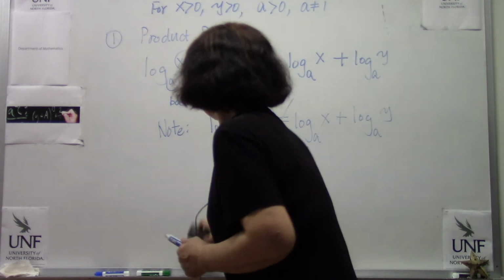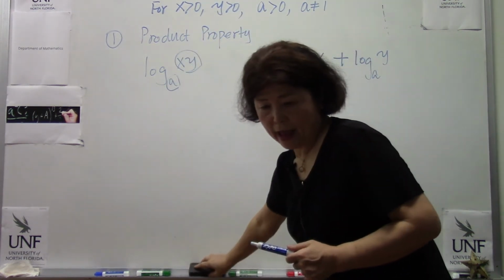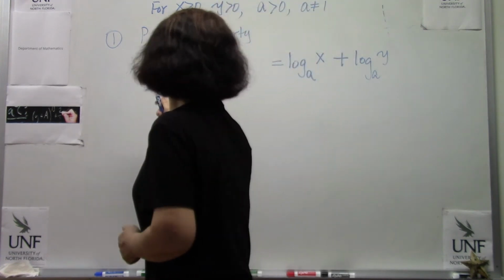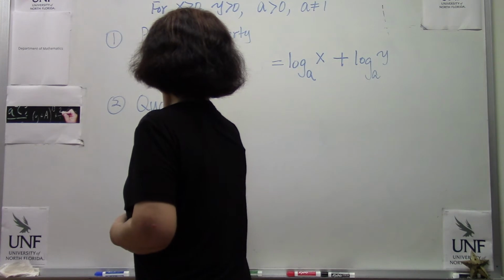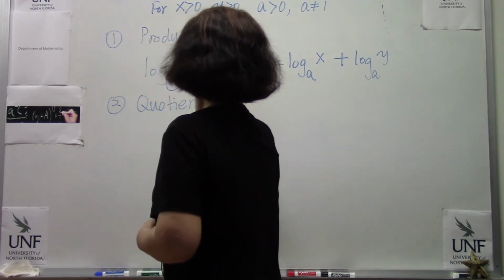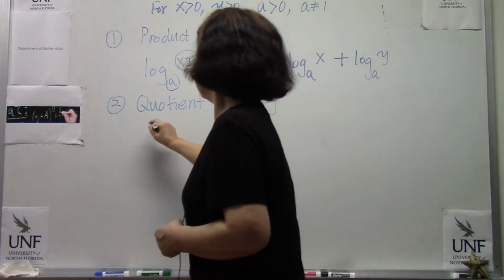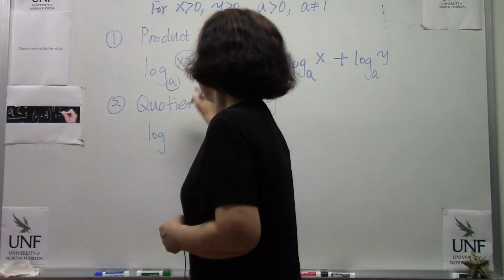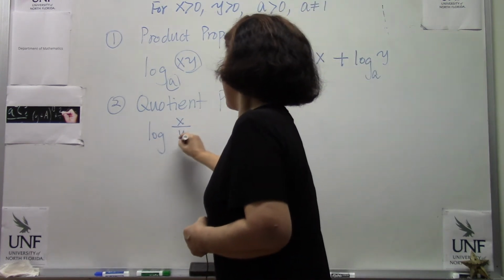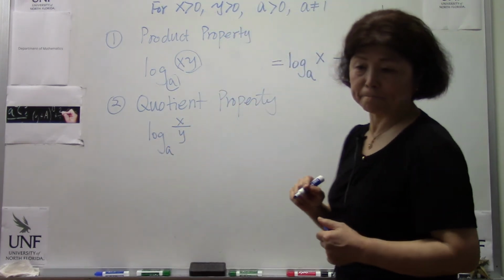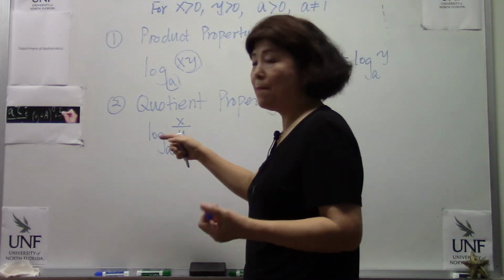Okay. The next one is the quotient property. What do you mean by quotient? That means division. So this time, instead of x times y, you see x over y to base a. That means it can be applied to any base.